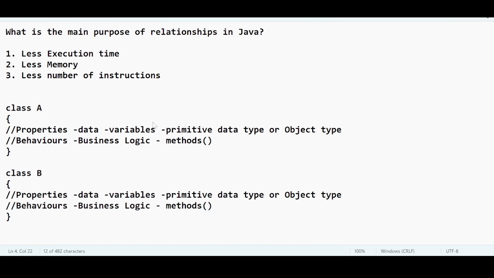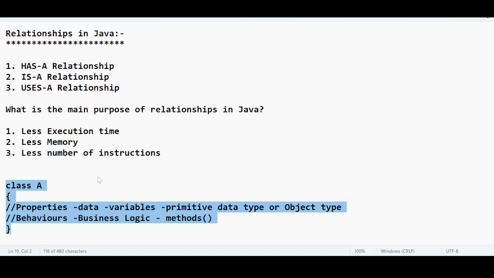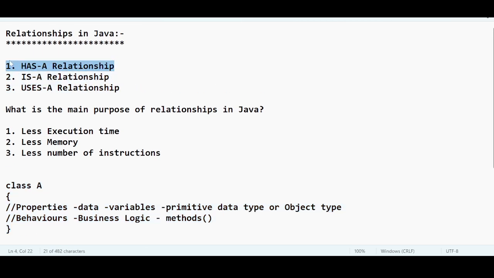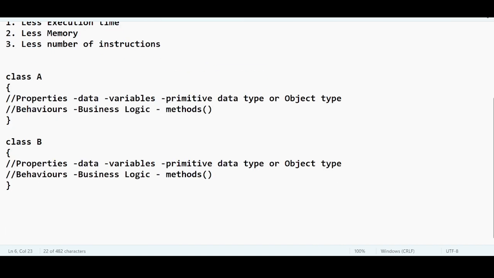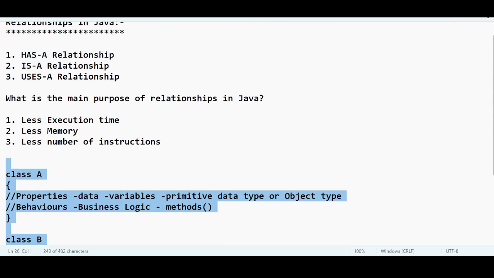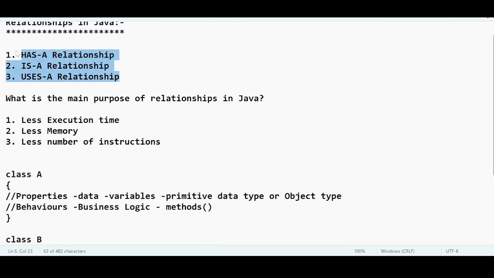Between two classes, a relationship is categorized into three types: has-a relationship, is-a relationship, and uses-a relationship. You use any one of these to create a relationship.